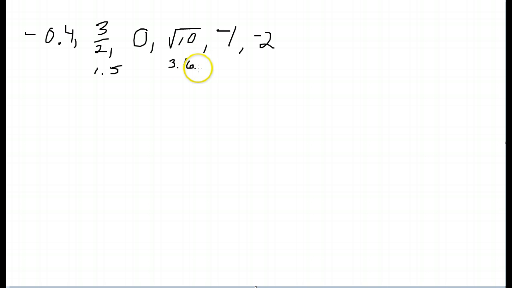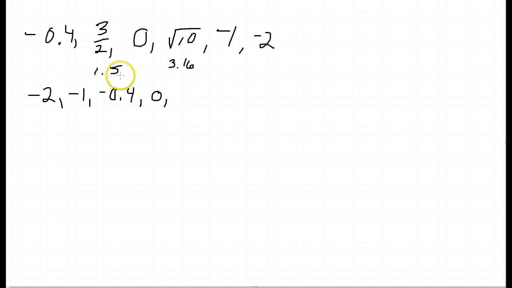Now, we know negative numbers are smaller than positive numbers. So to put these in order, the most negative number is the negative 2, then the negative 1, and then negative 0.4, and then we're going to have 0. And then we need to compare our positive numbers.